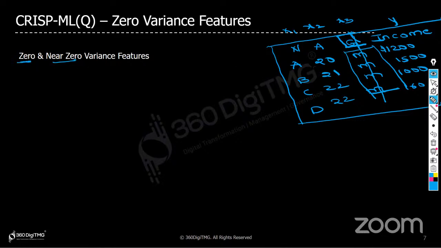What is near zero then? Suppose male is present, female is present, male is present, male is present, male is present, female is present. If a gender column has these values and you compare the proportion of male to female, male occupies mostly 98% and female is only 2%.